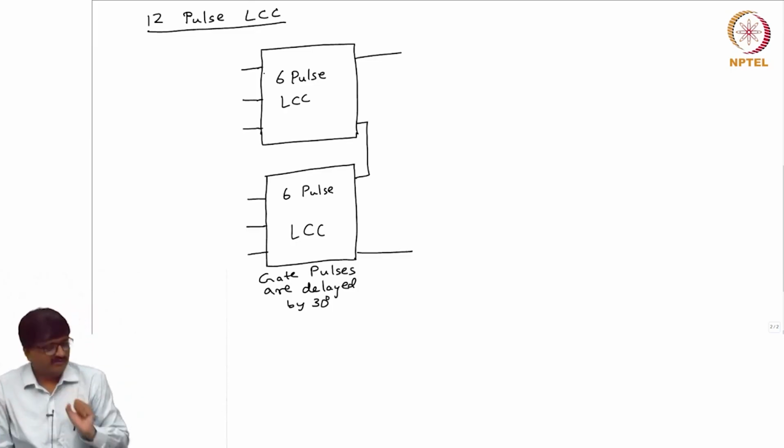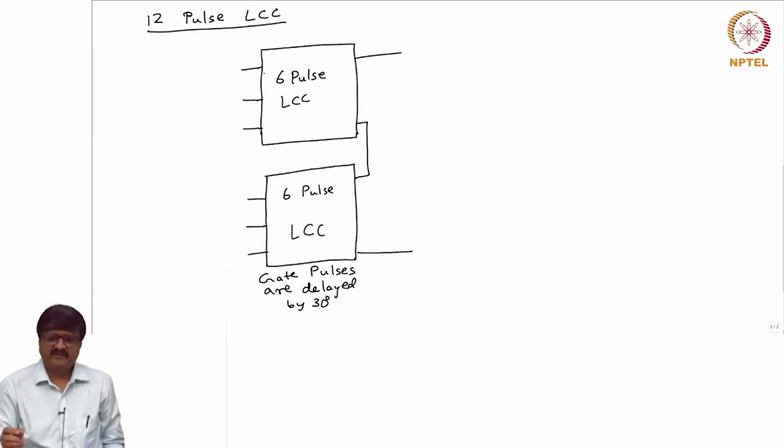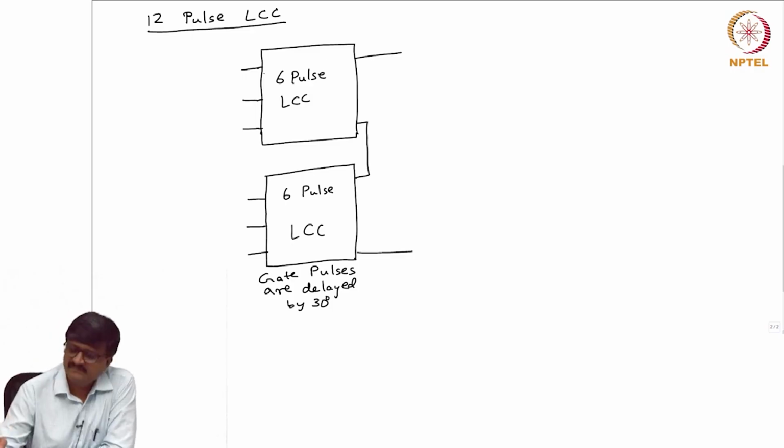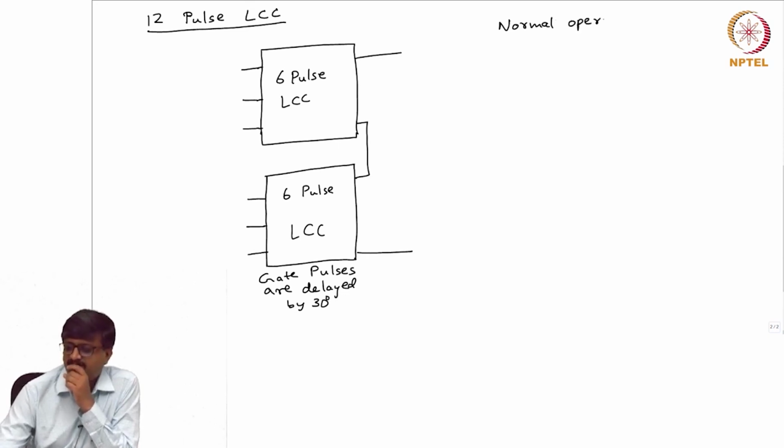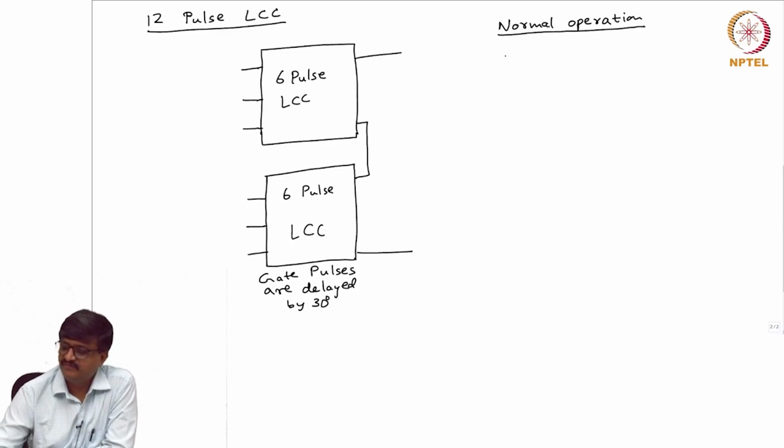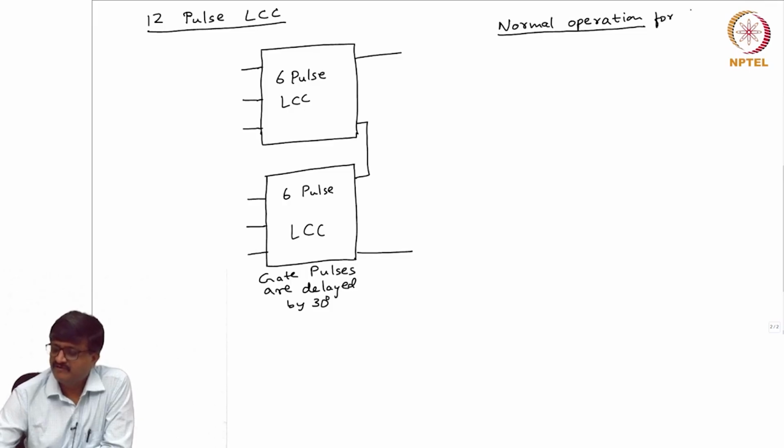Now, the question is, if I have normal operation, see, normal operation means both the 6 pulse LCCs are having 2 and 3 valve conduction mode.